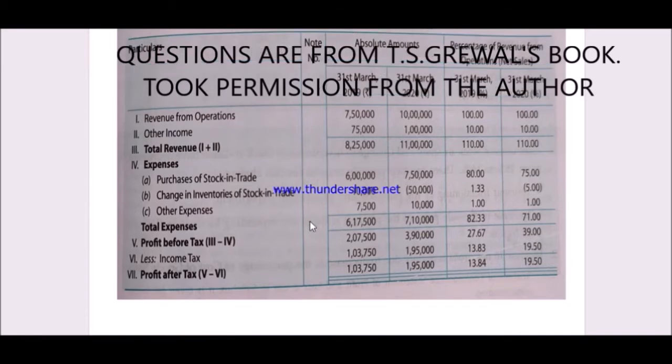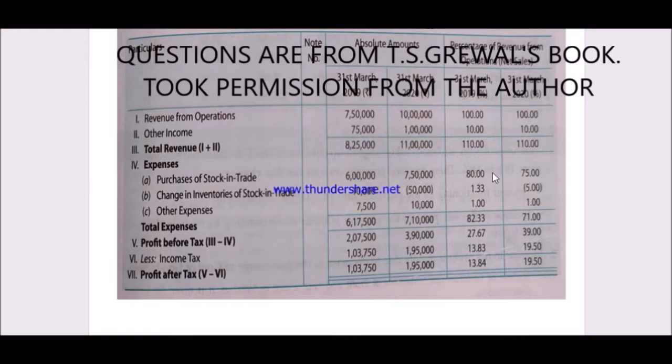Now expenses, purchase of stock in trade, 6 lakh. So how will we get this percentage? Very simple. 6 lakh divided by 7 lakh 50,000 into 100 is equal to 80%.